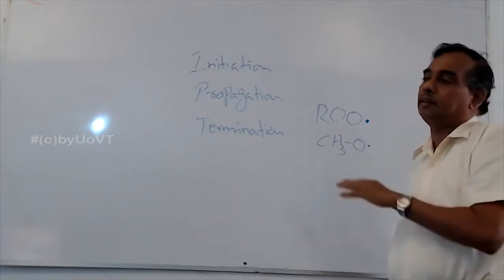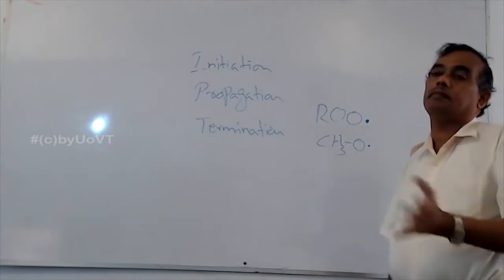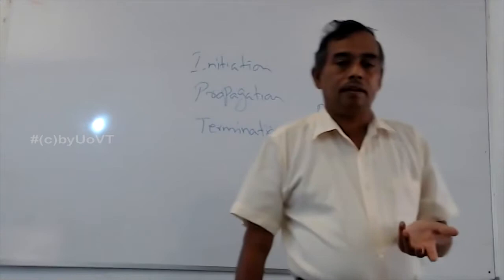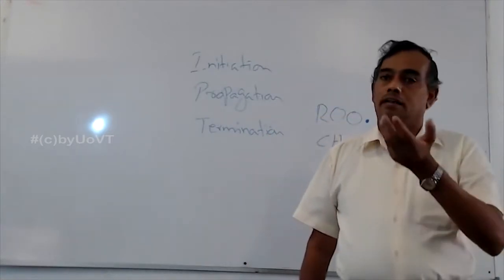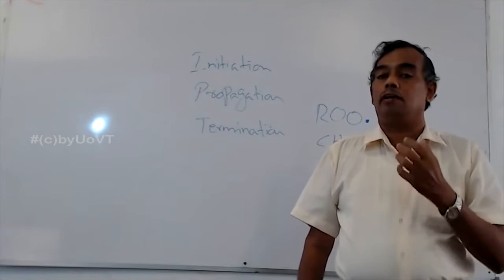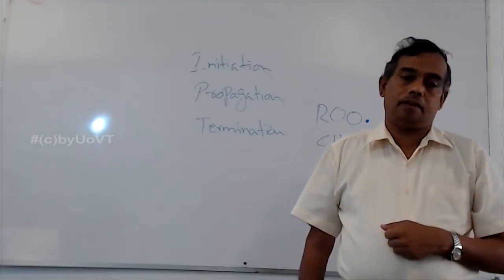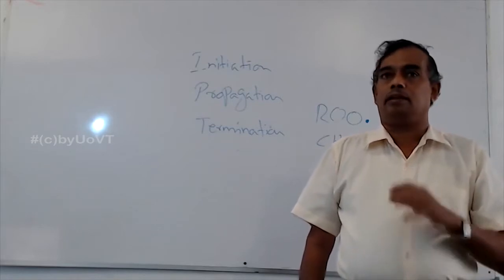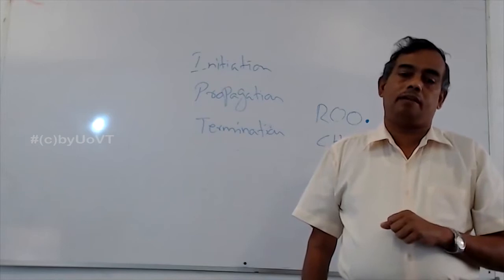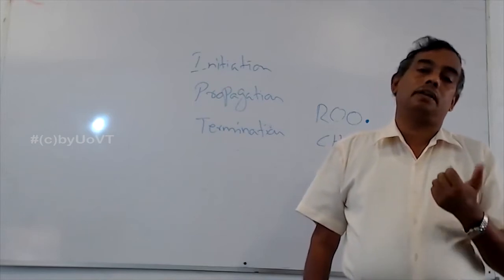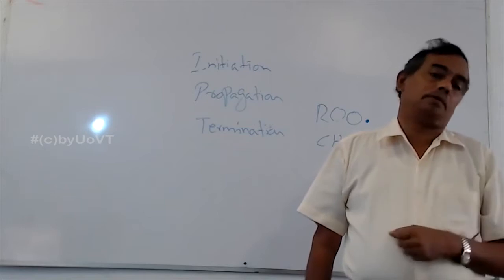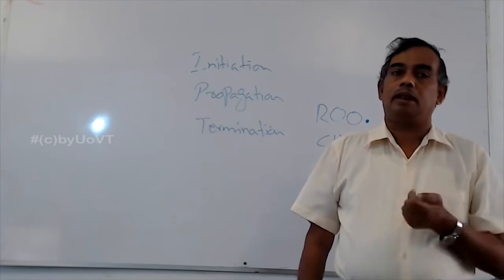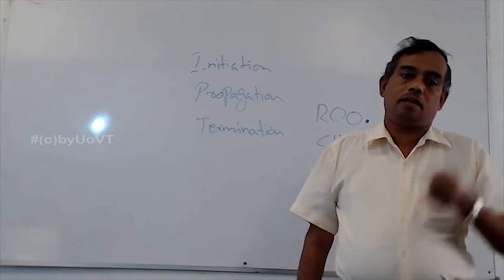Those peroxides degrade into different compounds: alcohols, ethers, ketones, like different small molecular weight compounds. The actual rancid flavor is generated by those compounds, a combination of those compounds. So what can you say about peroxide concentration during the reaction?